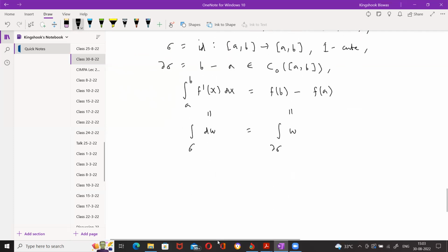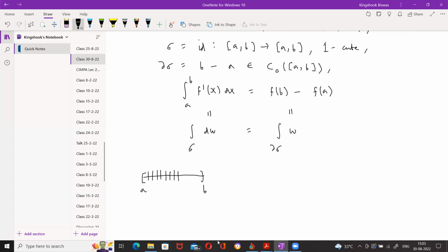Now, how do you prove the fundamental theorem of calculus? If this is your interval AB, you divide it up into small pieces.